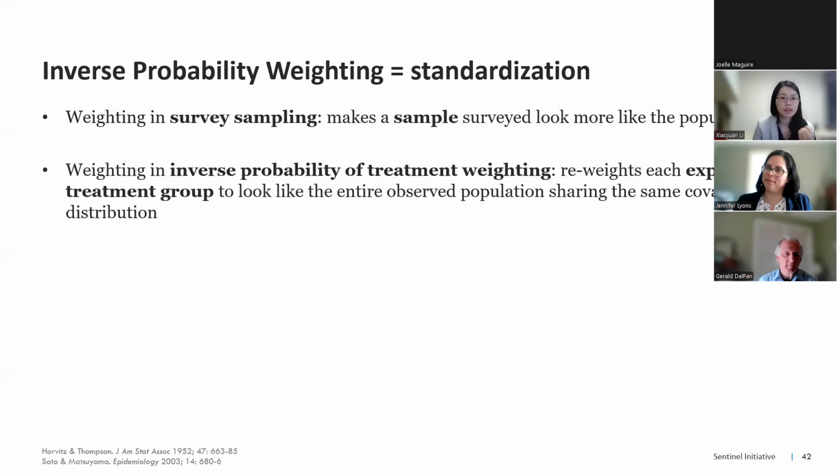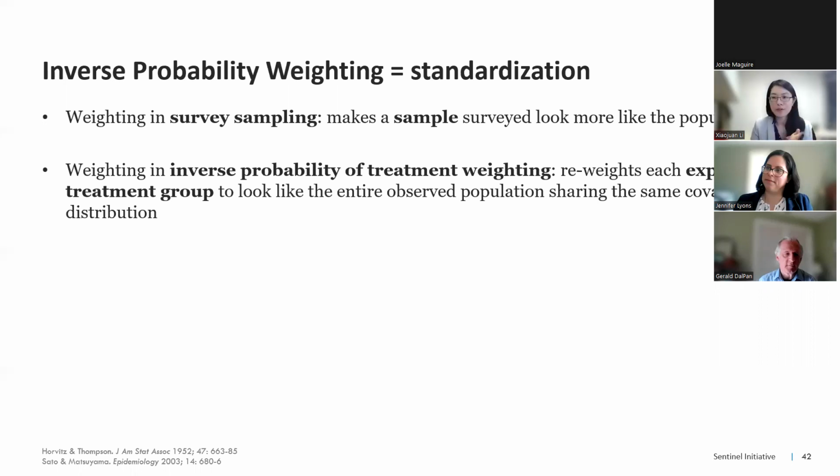Weighting in inverse probability weighting, or inverse probability of treatment weighting, reweights each exposure or treatment group to look like the entire study population or study sample so that they share the same covariate distributions. I know some of you might be thinking, oh, this does sound familiar.